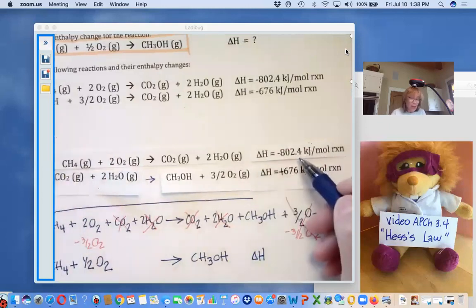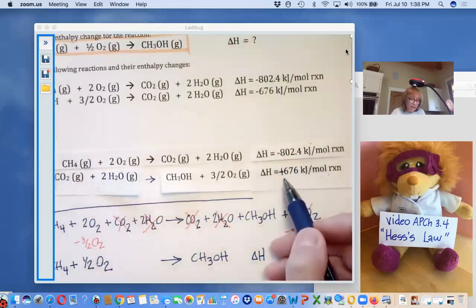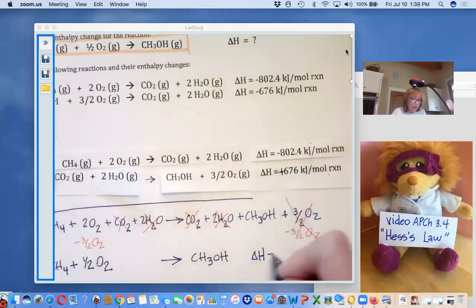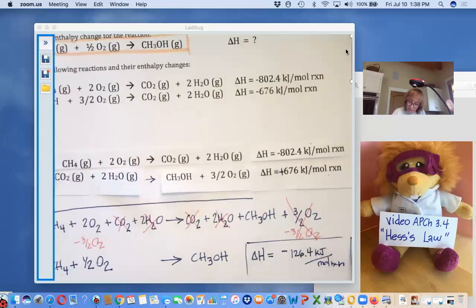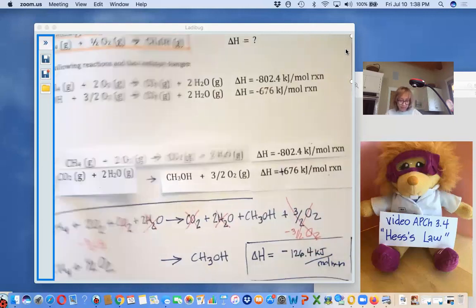Negative 802.4 plus positive 676 gives me negative 126.4 kilojoules per mole reaction. It's a puzzle.